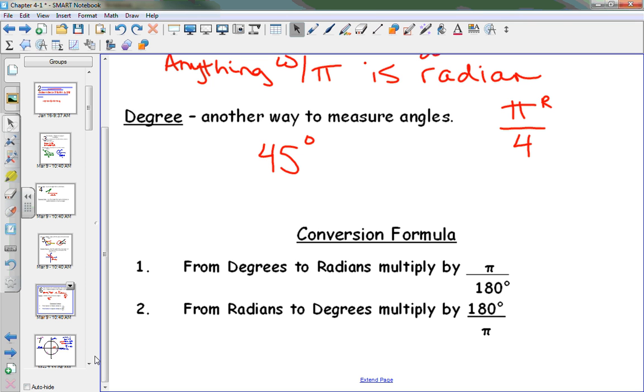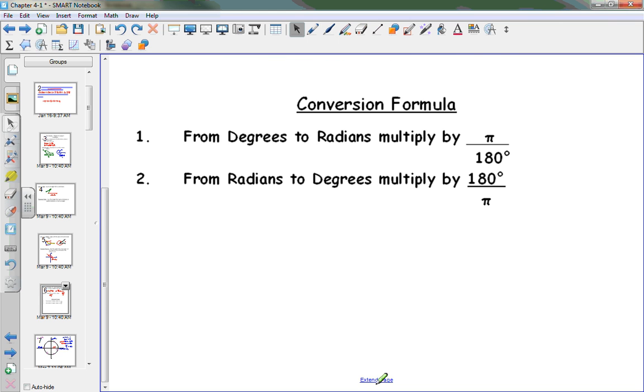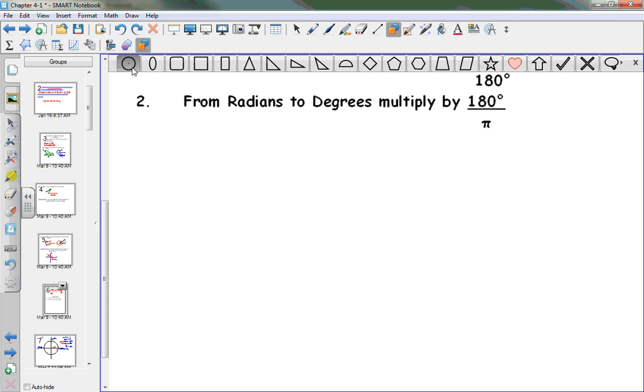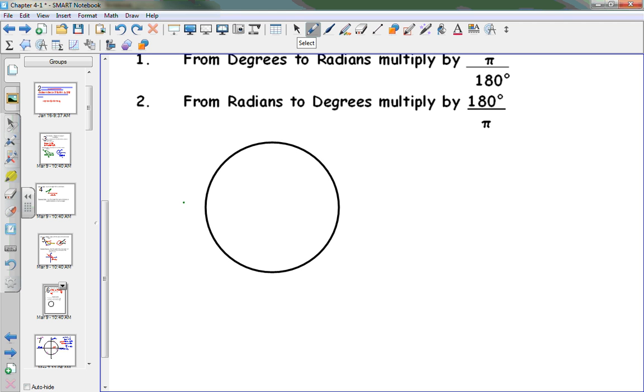Now, why in the world am I using pi over 180? Someone please talk to me about that. 180 is half the circle. Oh, so what you're telling me is, I have this circle, and if I have half of that, right? You told me that the circumference of the circle was 2 pi, right?